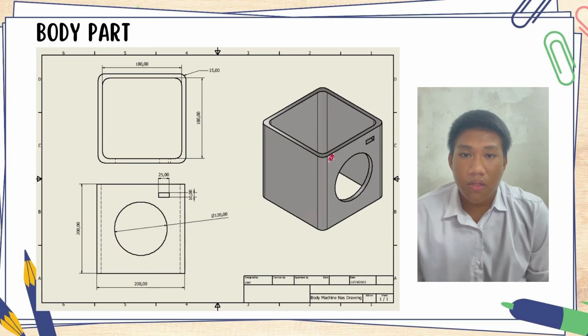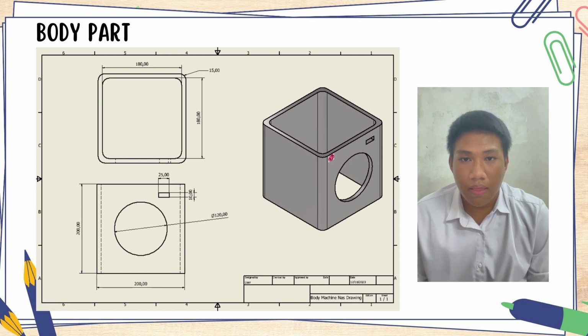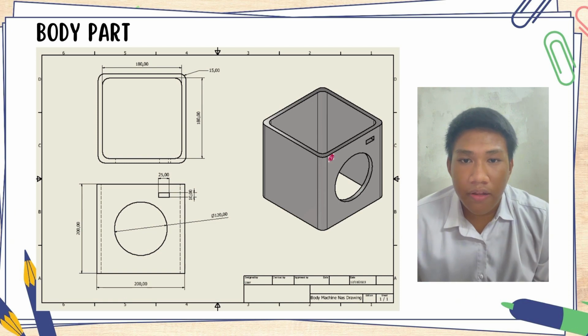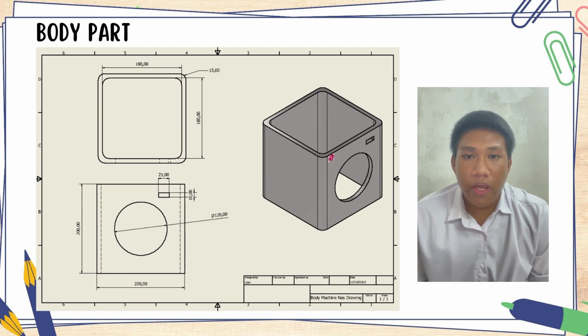So this is the first part of the washing machine, and it's a very important part. First we make a sketch with a 180 rectangle and also a 200 millimeter rectangle, and then we extrude it 200 millimeter. Then we sketch again at the top of the body part, make a 180 millimeter rectangle, and extrude cut it.